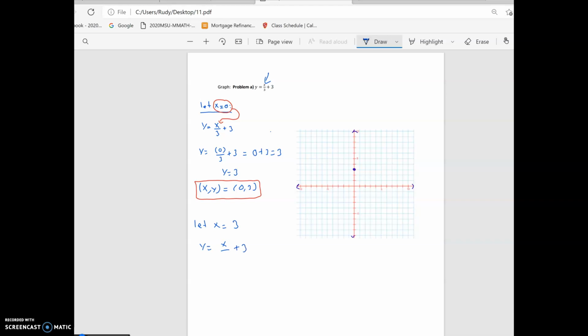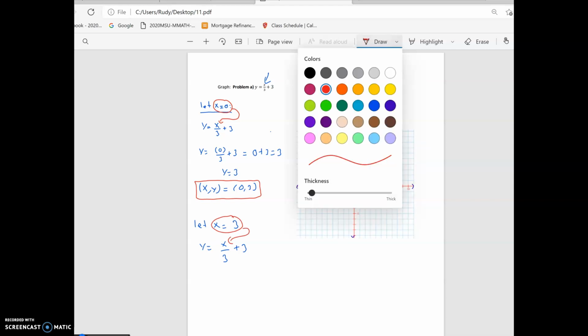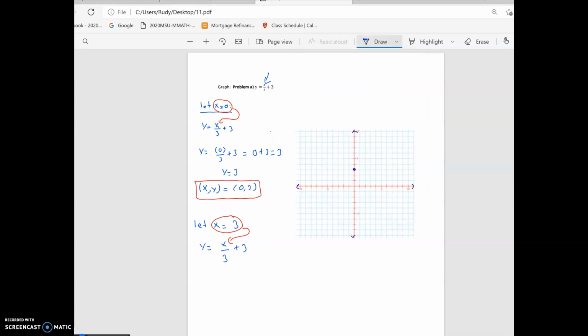And then we're plugging in x is equal to 3. This gives us y is equal to 3 divided by 3 plus 3, or 1 plus 3, or 4. So y is equal to 4. Our x and y value are, technically, 3, 4.